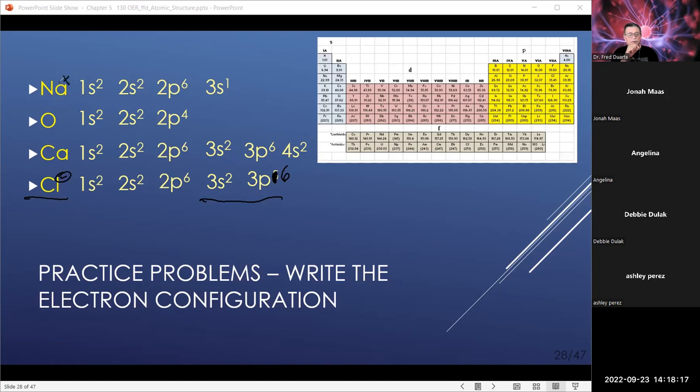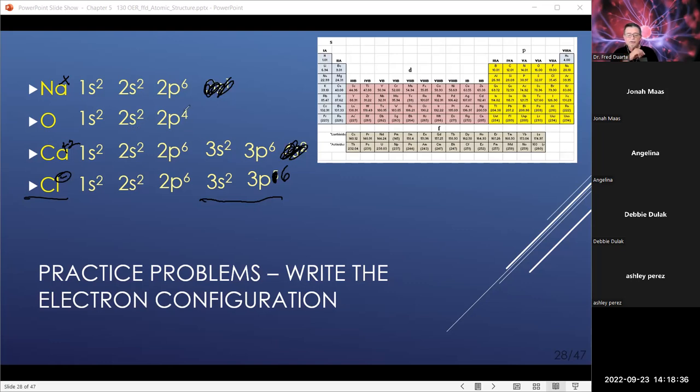When sodium lost that outside electron, it becomes a +1. When calcium loses those outside electrons, there are 2 of them, it becomes a +2. And the opposite is true for oxygen. Being a non-metal, it's going to gain electrons.